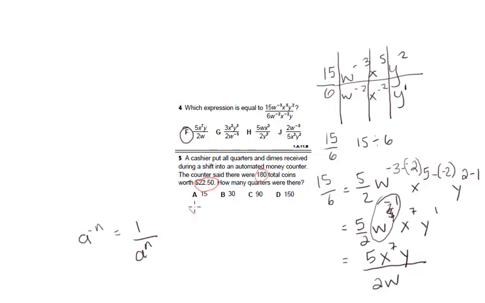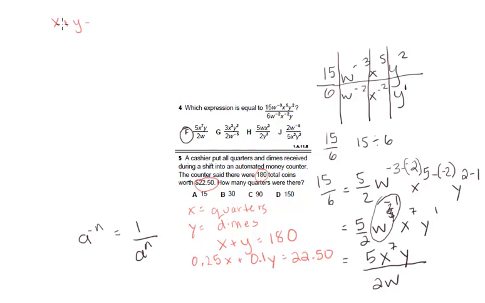So if I define X as the number of quarters and Y as the number of dimes, I know that the total number of coins is 180, and then their worth: each quarter is worth 25 cents, and each dime is worth 10 cents. That total worth is $22.50. I probably should have put this someplace else because I don't have a lot of room here. But let's take this up here.